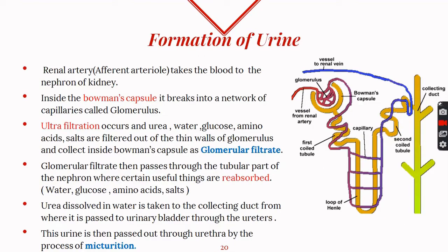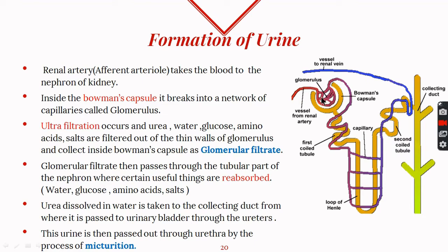We will now see all the steps that are involved in the formation of urine. First of all, a branch of the renal artery called the efferent arteriole brings the blood to the nephron of the kidney, that is, inside the Bowman's capsule. And inside the Bowman's capsule, it breaks into many capillaries, which together are called the glomerulus.